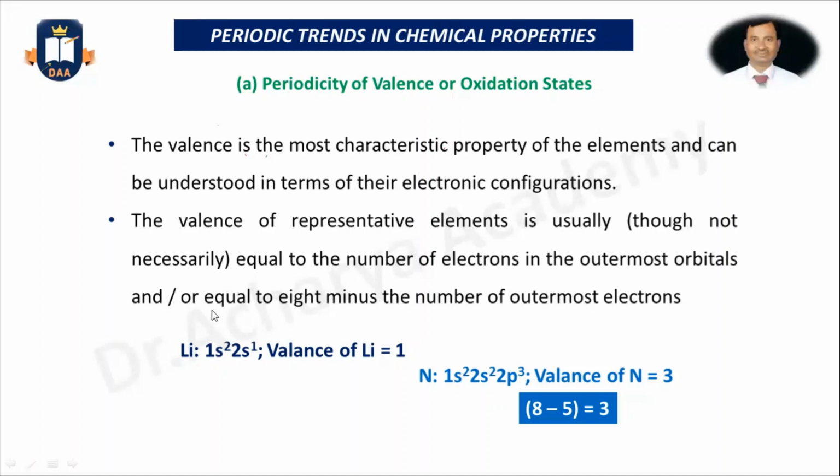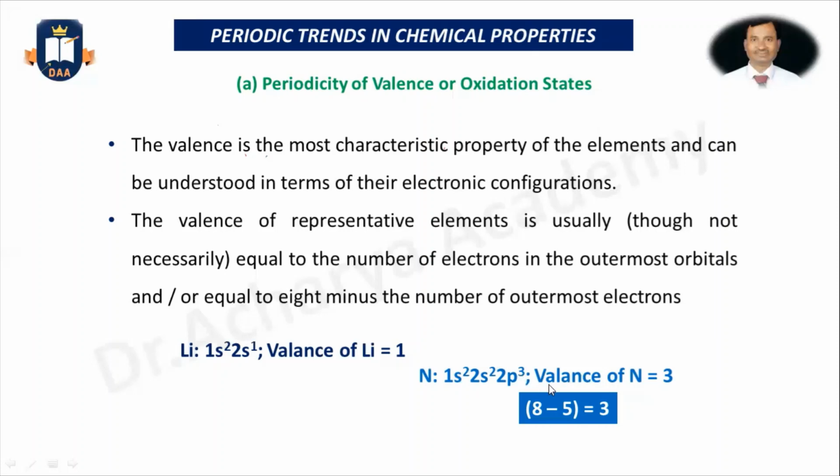Now we'll discuss this part, that is equal to 8 minus the number of outermost electrons. If you consider the nitrogen atom, nitrogen's electron configuration is 1s2, 2s2, 2p3. So what are the outermost orbitals, the outermost shell? 2s2 and 2p3. In this case, what is the number of electrons in the outer shell? 5.